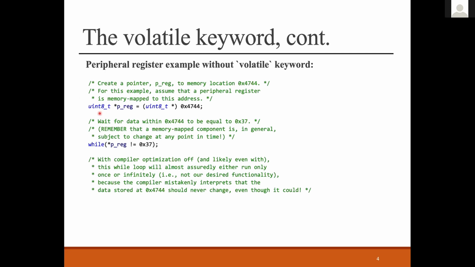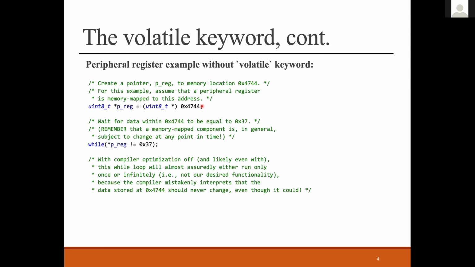For this example, let's assume that at address 4744 in memory, there is some memory mapped peripheral register. Having done EBI and other stuff in this course, we hopefully understand the idea of memory mapped registers. We've been accessing memory mapped registers, such as the configuration registers for peripherals, all this time. And let's assume for this context, there's some peripheral register at that address.